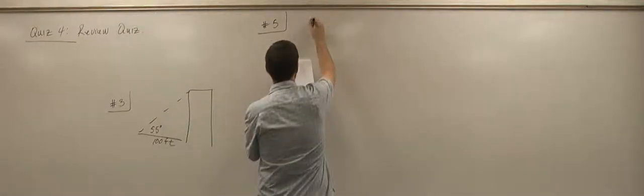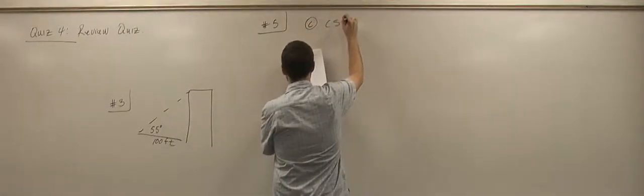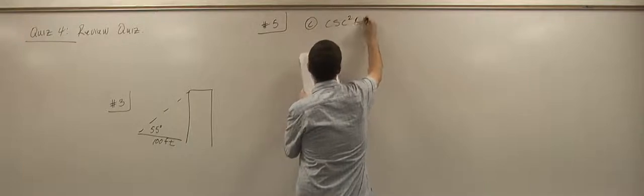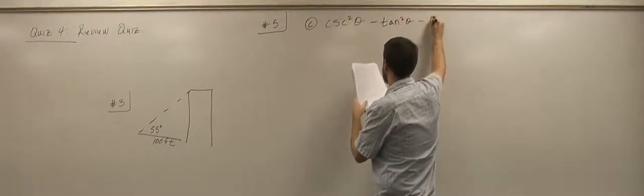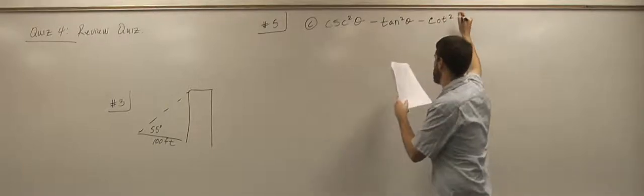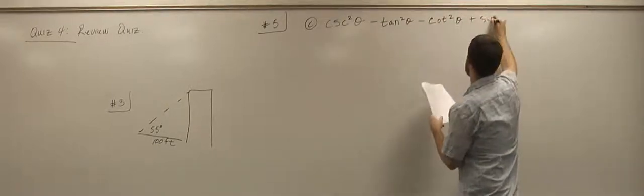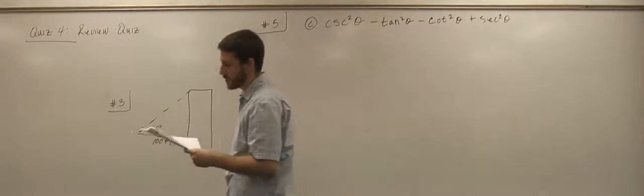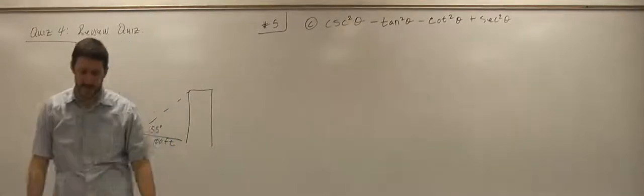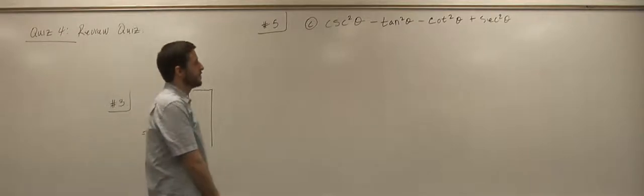I don't know if this is the same one as yours, but this is the one I have. Cosecant squared theta minus tangent squared theta minus cotan squared theta plus secant squared theta was the problem, and I asked you to use identities to find the exact value of the expression.